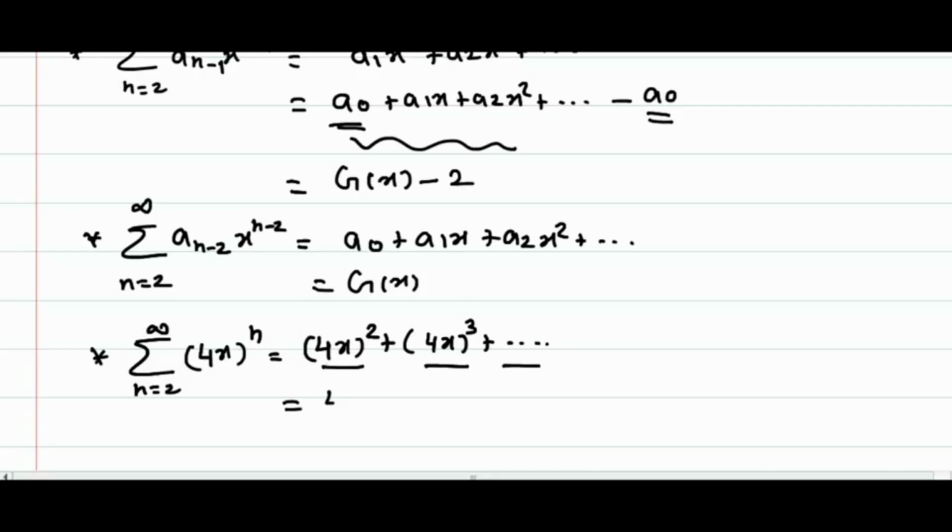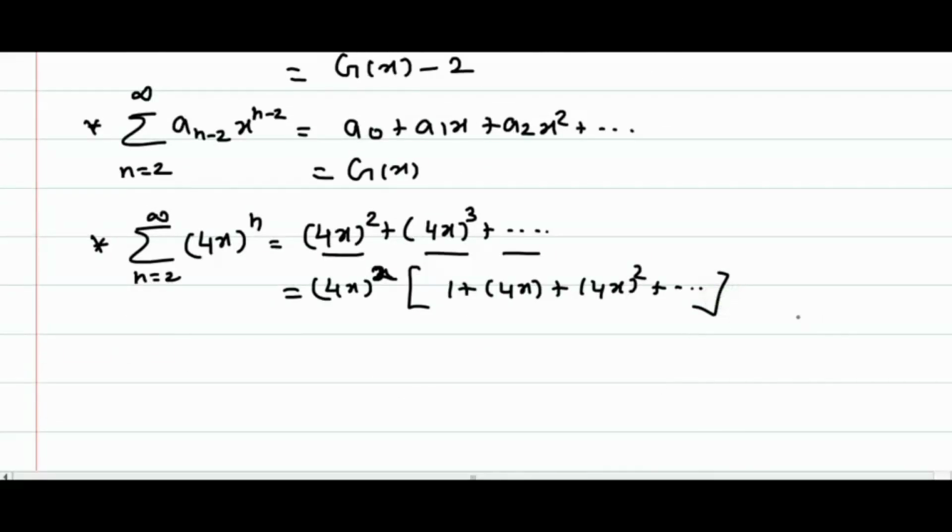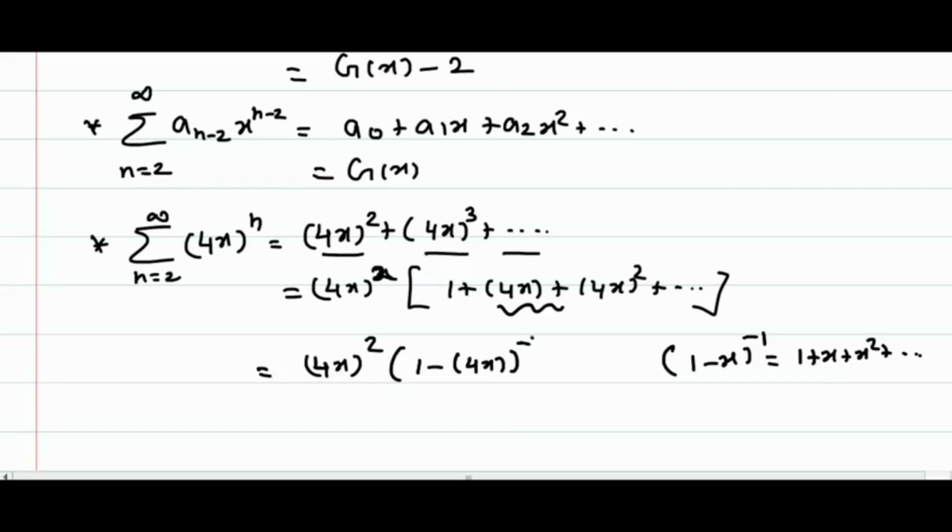Take it outside from this equation, we get 4x square into 1 plus 4x plus 4x whole square plus etc. We know the binomial of this series: that is nothing but 1 minus x power minus 1, that is equal to 1 plus x plus x square plus etc. Here we consider x as 4x. Okay, we can write this as 4x whole square into 1 minus 4x power minus 1.